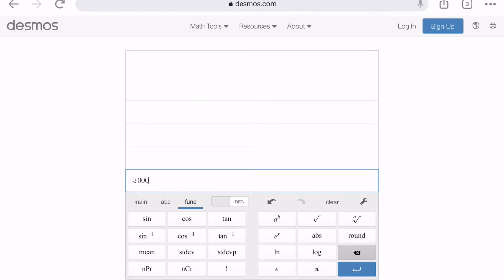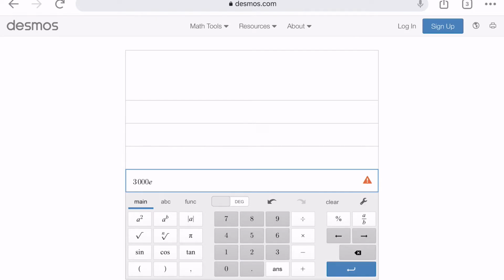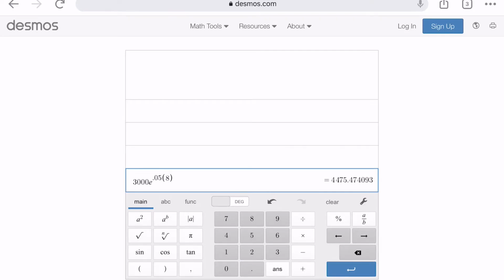Hit function, and now if I'm looking at the right-hand side keys, I'm going to go 3 rows over. I see that I have what looks like an E raised to the power of X. I select that, which drops in my number E, and now gives me the opportunity to type an exponent, of which I type 0.05 multiplied by 8. And you can see I get $4,475.47.